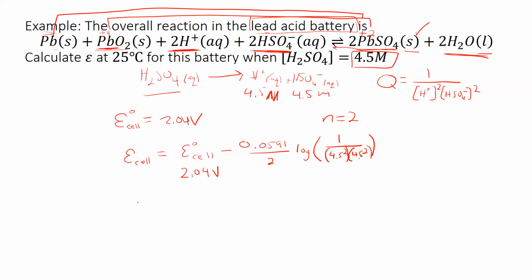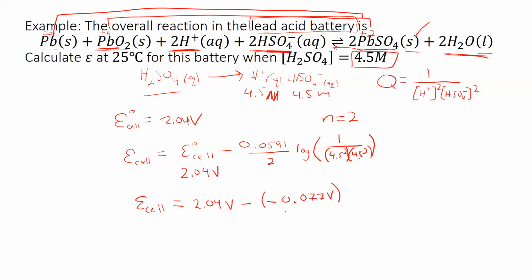And so what you wind up with, your E cell will equal 2.04 volts minus negative, if you just plug through all of this math, negative 0.077 volts.